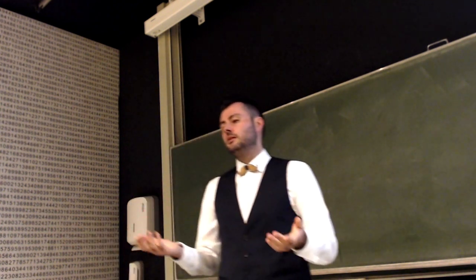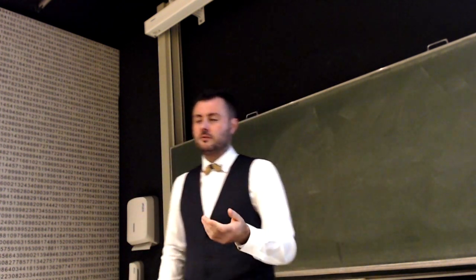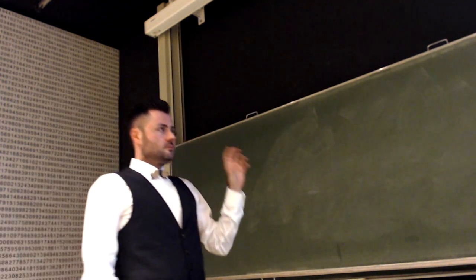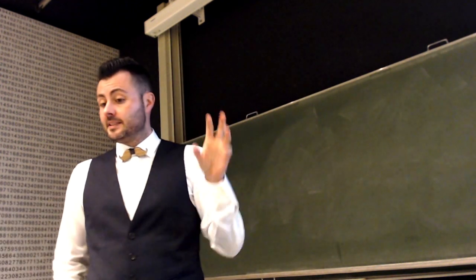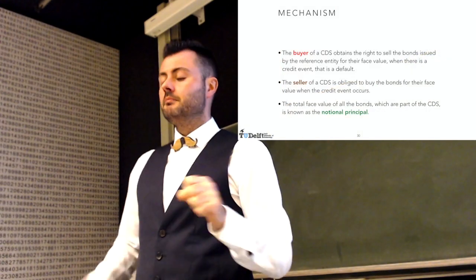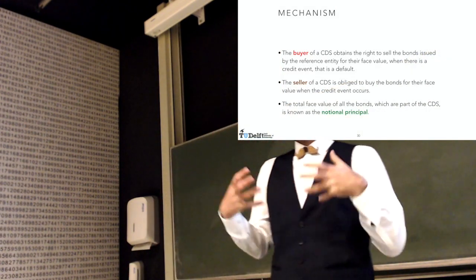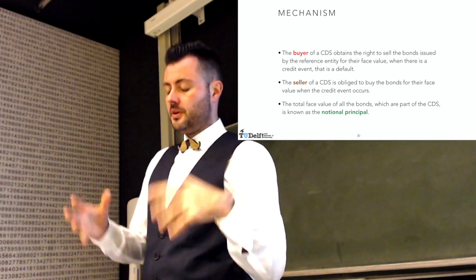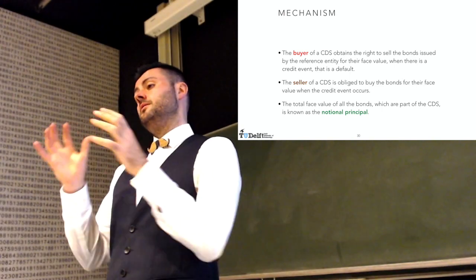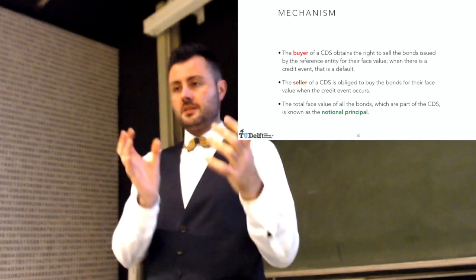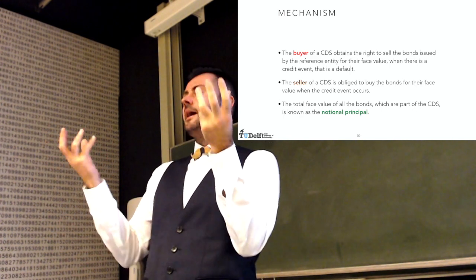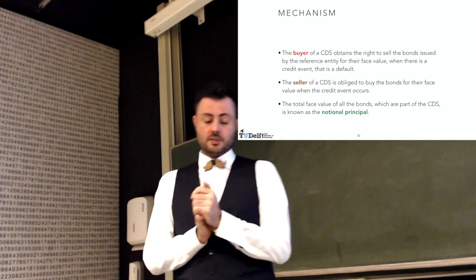If there is a credit event, it means that there is the default of someone. Now, the reference entity is there, but it's not part of the CDS itself. The CDS itself is a contract between two counterparties, the buyer of the CDS and the seller of the CDS. These are the two active parts in the transaction.